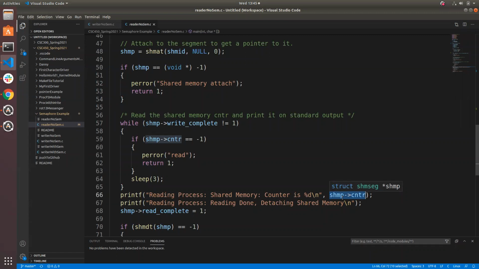Because if the other guy was dragging behind, then between when we exited this and got to this line, this value could have been changed by the parent or the child, whoever was dragging behind on the other side, who hadn't got to 10,000 yet and just wrote 9,874. And then this guy could potentially read a lower value than that.